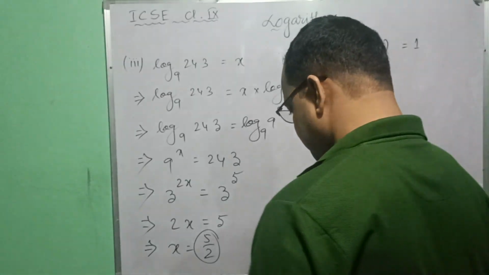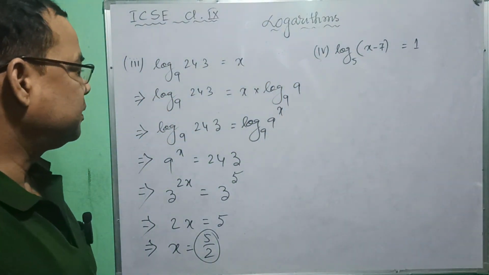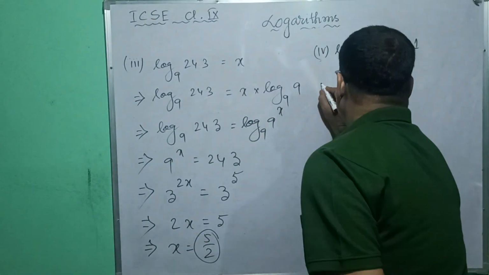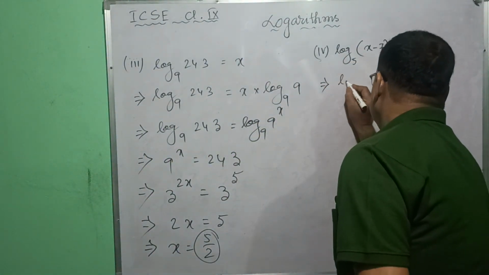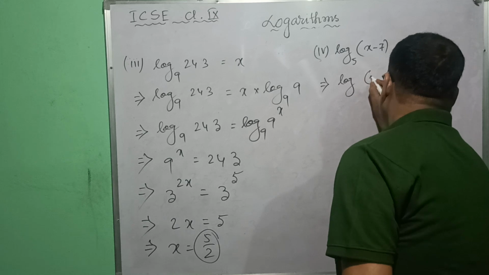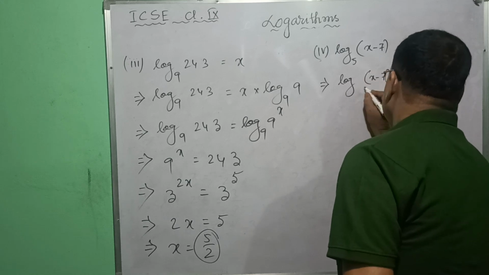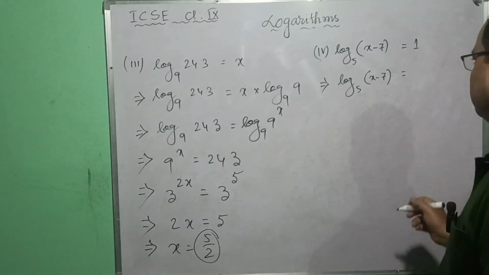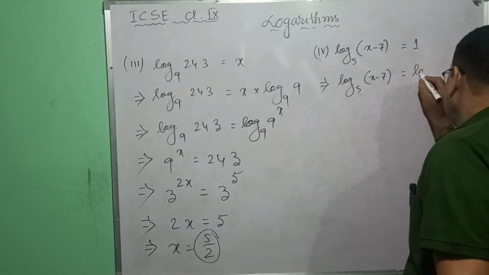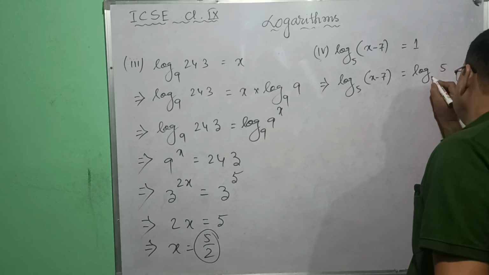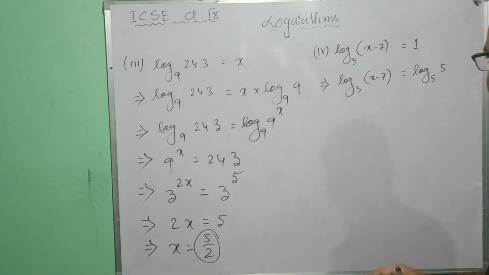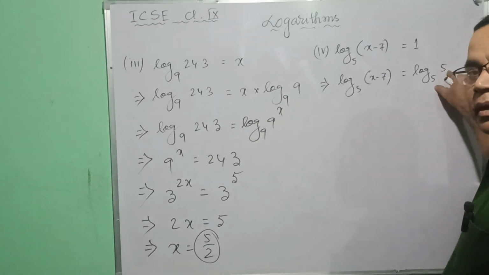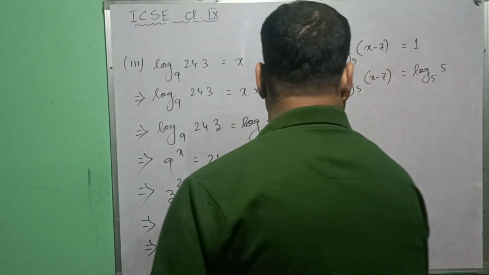So I hope you can do it, because in a similar way we have already done 3. We can write log x minus 7 at base 5 equal to, in place of 1, what will we write? We'll write log 5 base 5. Why log 5 base 5? Because here also the base is 5. That's why we'll write log 5 base 5.